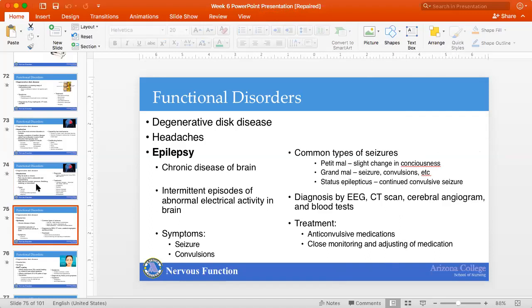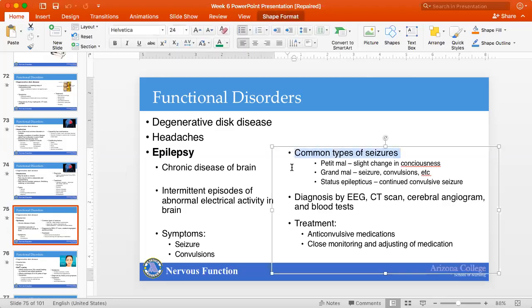Okay, next, epilepsy. It's a chronic disease of the brain where you have intermittent episodes of abnormal electrical activity in the brain. Symptoms: seizures and convulsions. Common types of seizures: you have a petit mal, which is a slight change in consciousness.